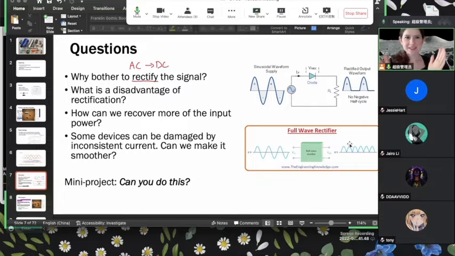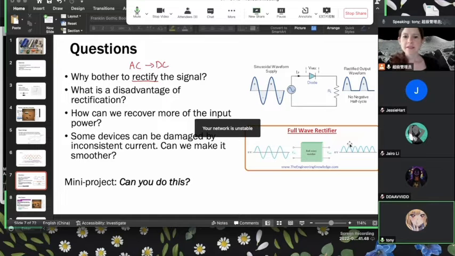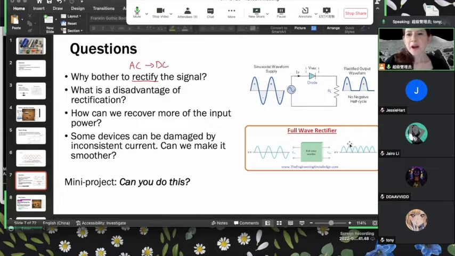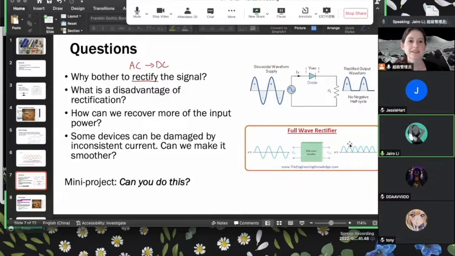Negative and positive refer to directions, but it means we want only one direction. There are some devices that will not accept two directions. So there's no current going back. Yes, good. And in the transmission of power, if you use AC, you will lose more energy than DC. Yeah, another reason too. We're going to lose power.